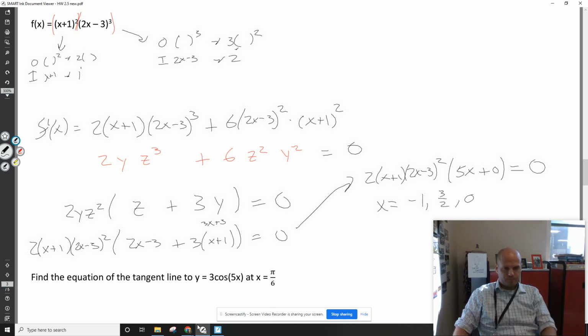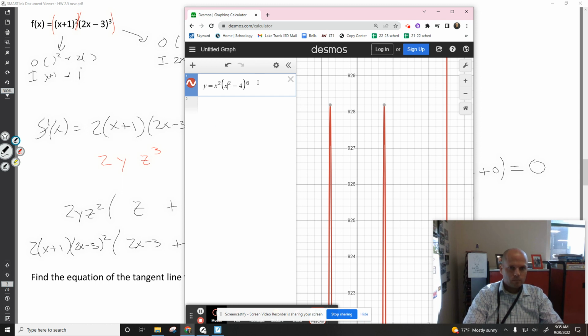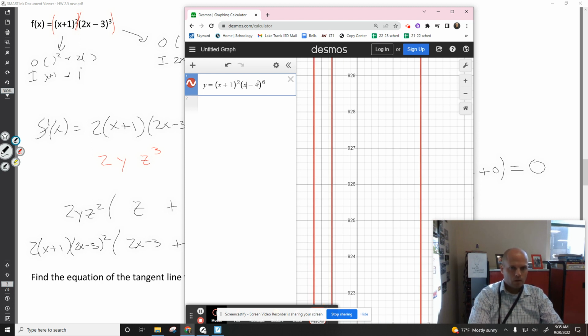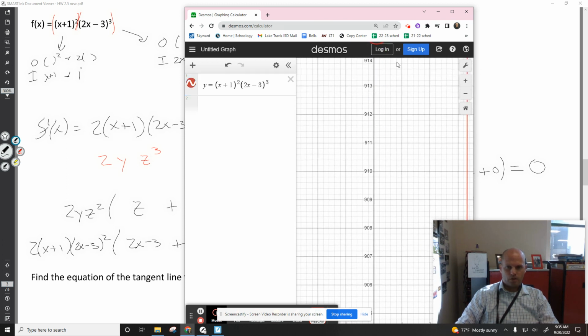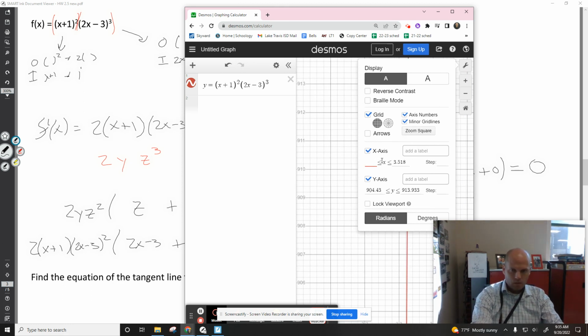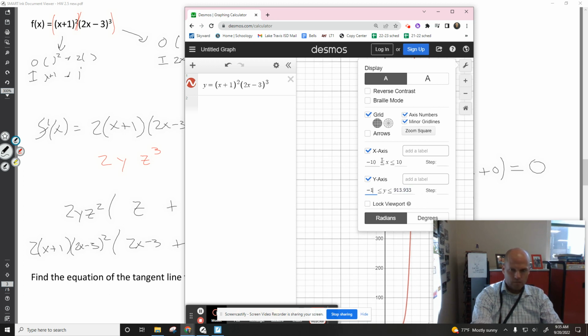I'm going to look at this. X plus 1 squared, 2x minus 3 cubed. Wish I could just go back to Zoom standard. 10, 10, 10, 10.